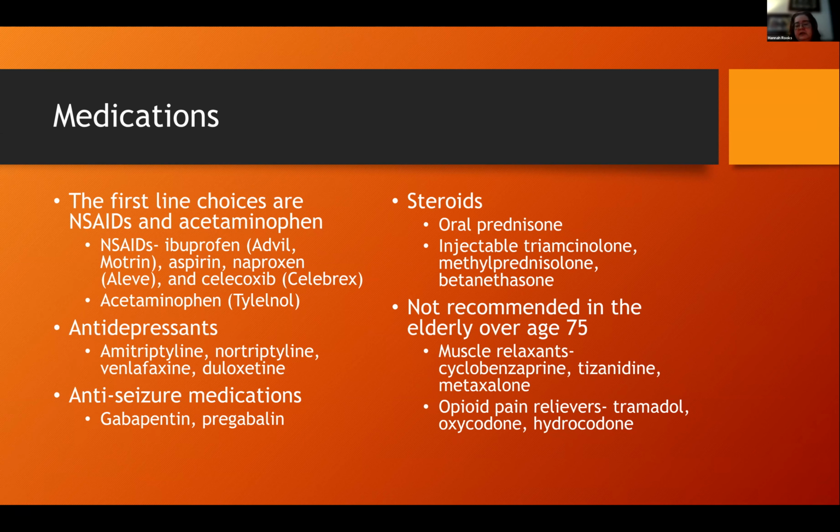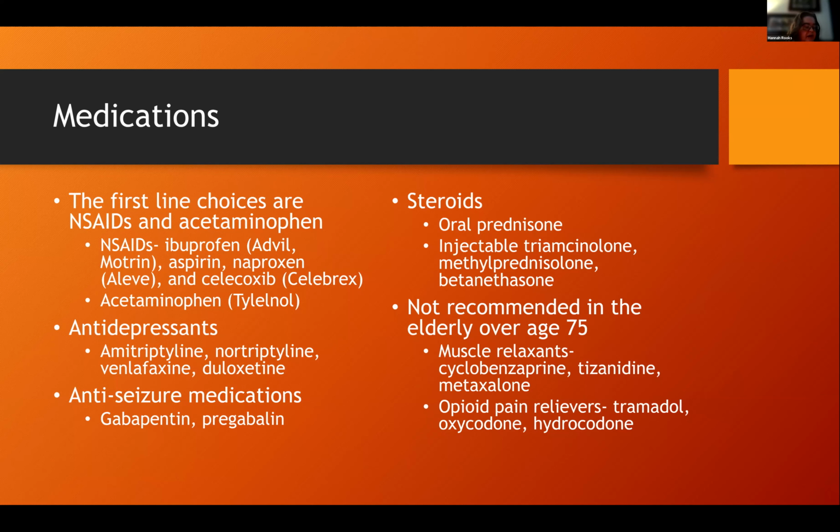There's also another class of drugs that you don't want to mix with alcohol because it can intensify the effects. Opioid pain relievers can be used in some cases of chronic pain, but again, not recommended in our elderly patients.